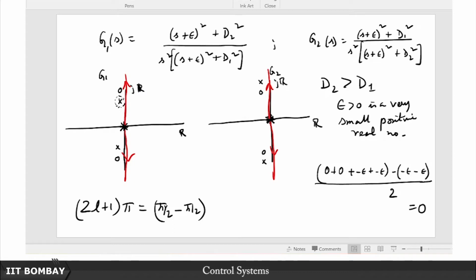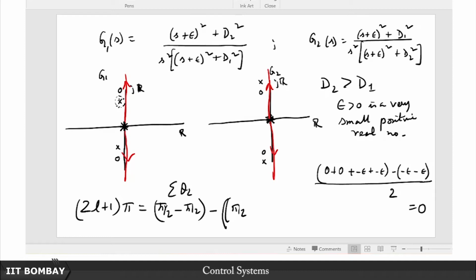What is the angle contribution from this pole? As I argued earlier, this point is very close to this pole, so it is almost equal to pi by 2 itself. So this is summation theta z, that is going to be equal to 0 in this case, this is minus. So now I am counting from this pole, so it is pi by 2, okay. What else? There are 2 poles here, so I have to count twice, that is important.